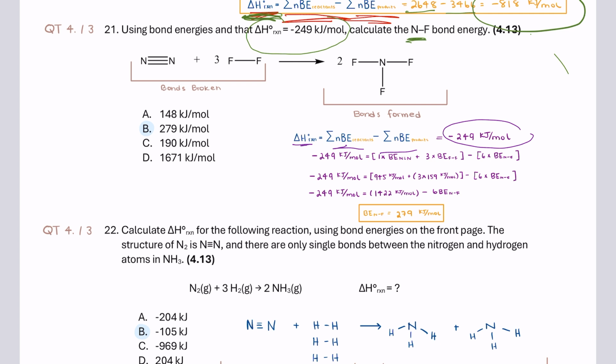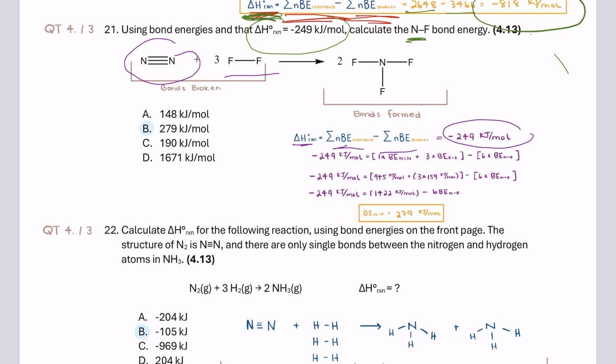It releases energy overall. Now let's start by identifying the bonds that are broken. On the reactant side, we have 1 mole of nitrogen gas and 3 moles of fluorine gas. The nitrogen molecule contains 1 nitrogen triple bonded to another nitrogen, and each fluorine molecule contains a single fluorine-fluorine bond.